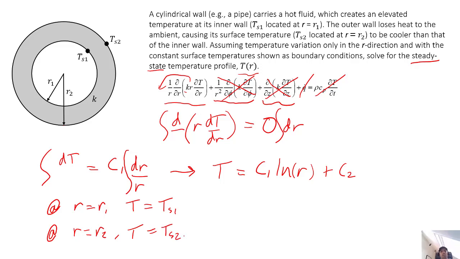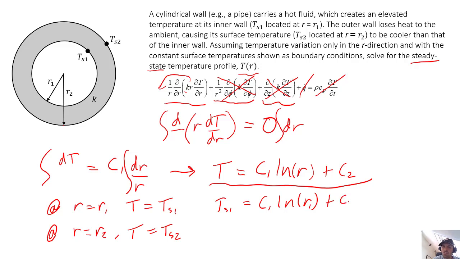So when we take our generic form of the equation and substitute in these boundary conditions, we get two more specific equations that we can solve for our two unknown constants. After doing that substitution, we get TS1 is equal to C1 times the natural log of R1 plus C2.